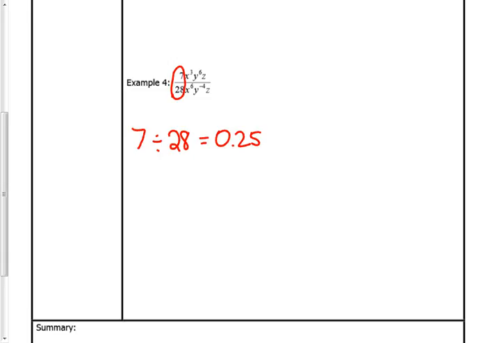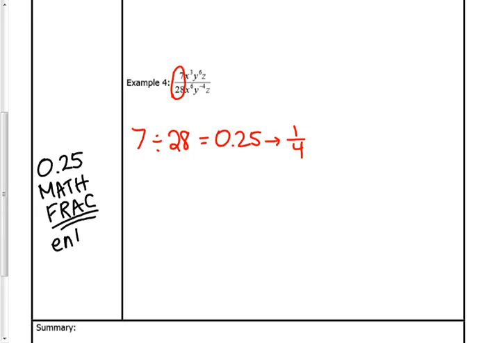Some of you might know automatically that 0.25 is 1/4. But if you did not know that, there's a way in our calculator that you can plug in the decimal 0.25, then hit the math button, and then option 1, which says frac, because that would change your decimal to a fraction. Then you hit enter. And that'll give you the 1/4 just in case.